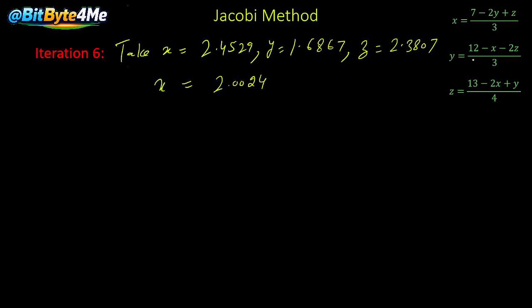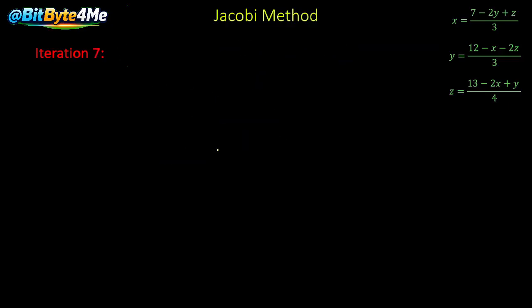Put these values in this equation, you will get y as 1.5952, and put these values in this equation, you will get z as 2.4452. So again, you can use these values for the next iteration, which is iteration number 7.